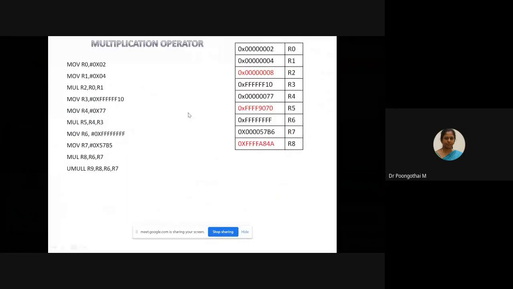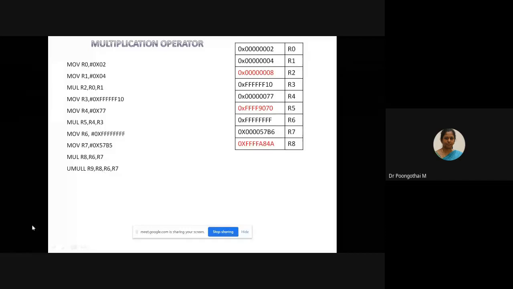So next one is the multiplication. Already we have some values in the registers shown here. R0 is loaded with 02, R1 is loaded with 04, R3 is loaded with some signed number, R4 is loaded with 77, R6 is loaded with a 32-bit value, and R7 is loaded with a 16-bit value.